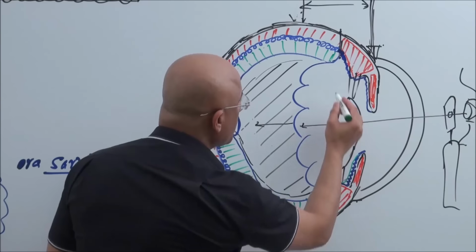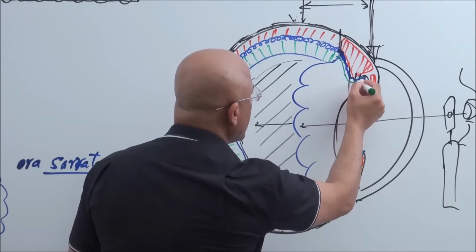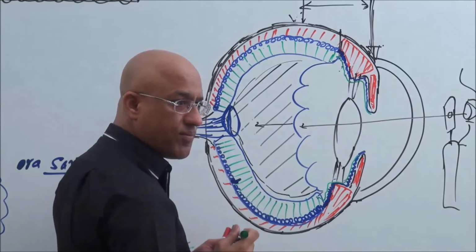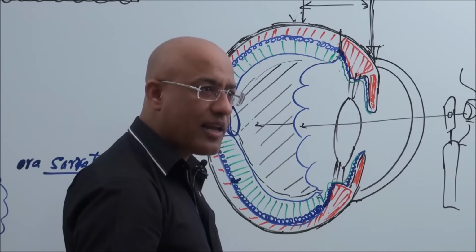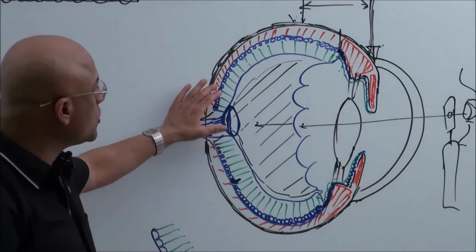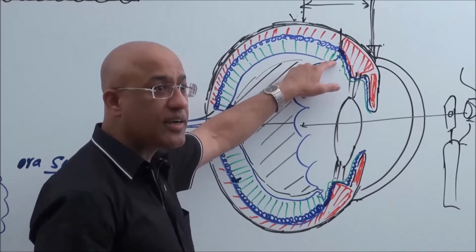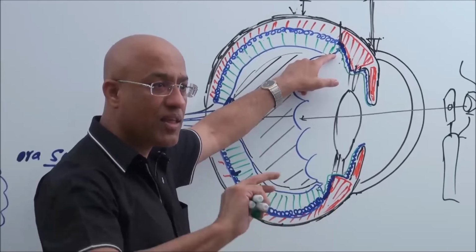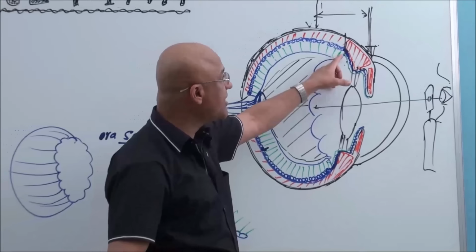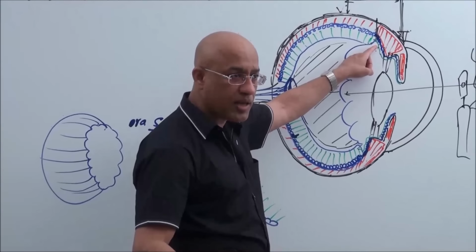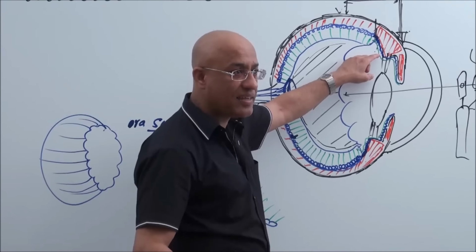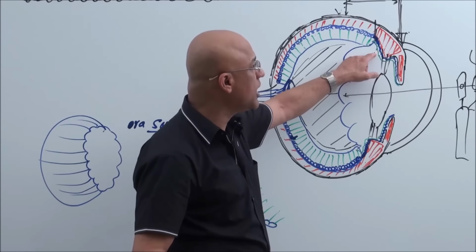But of course, these epithelial layers do not have rods and cones. Am I clear? Now, some authors mention that the retina continues anteriorly. At the ora serrata the light-sensitive part terminates, but its pigment epithelium and some component of the neural epithelium both continue anteriorly as a double epithelium. There are two epithelial layers.